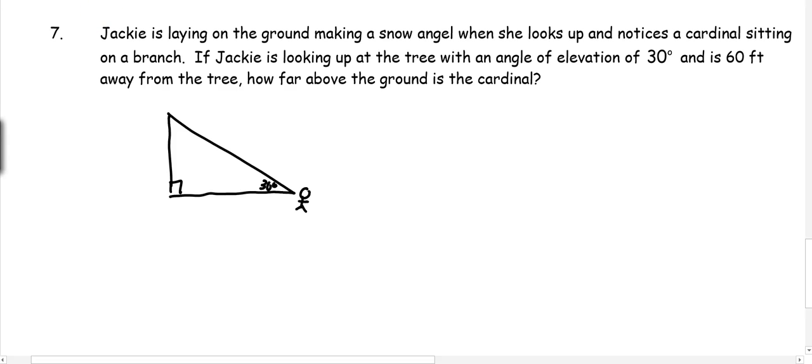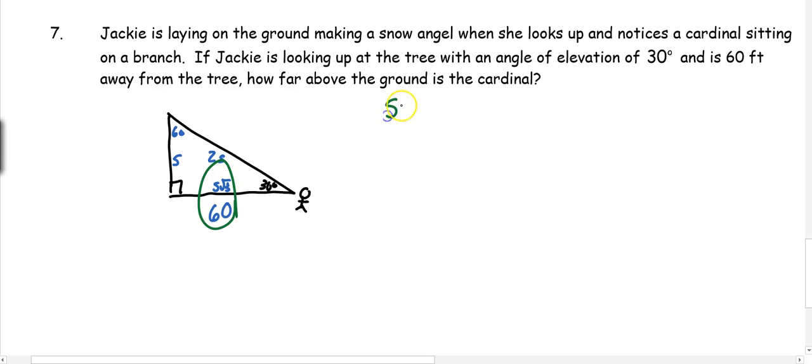So when I label, across from the 30 is S, the ground would be the S root 3, and across from the 90 is 2S. It says that Jackie is 60 feet away from the tree. So along the ground is 60 feet. This is my S root 3 side.